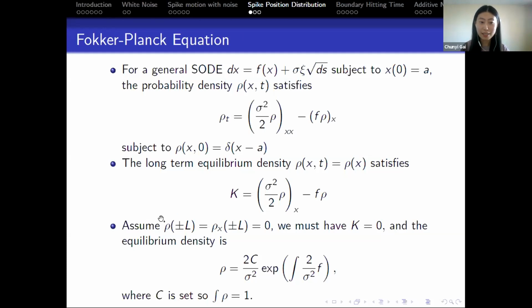So in that case, we have this boundary condition: the probability for the spike to reach plus or minus L is 0. Similarly, the derivative at plus minus L is also 0. If you plug these two boundary conditions into the equation, that gives that this k has to be 0. Does that make sense?